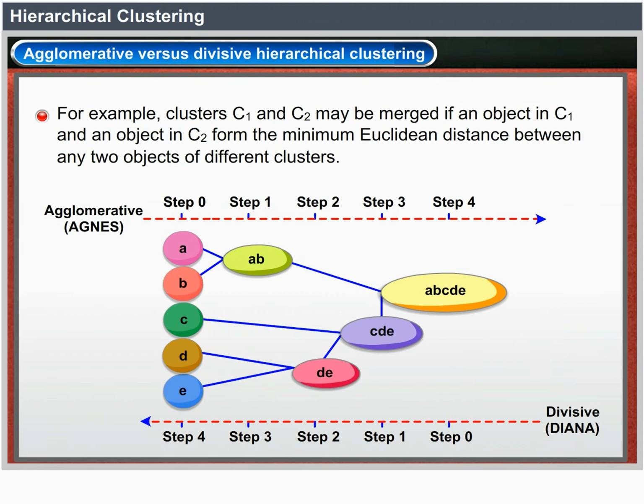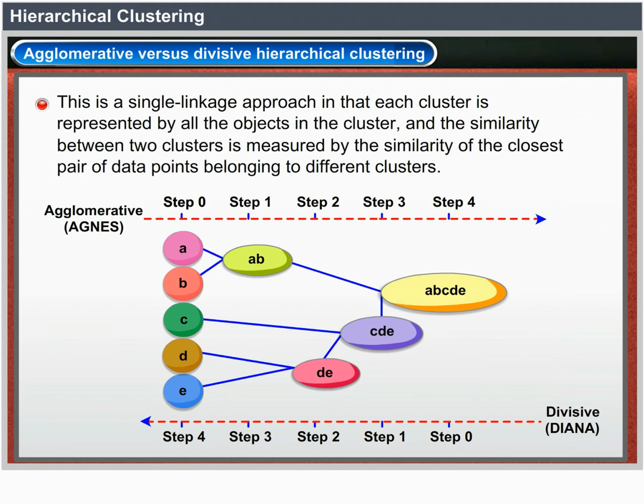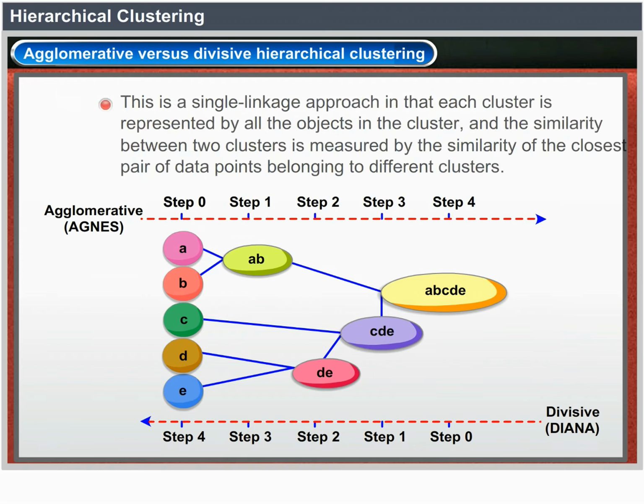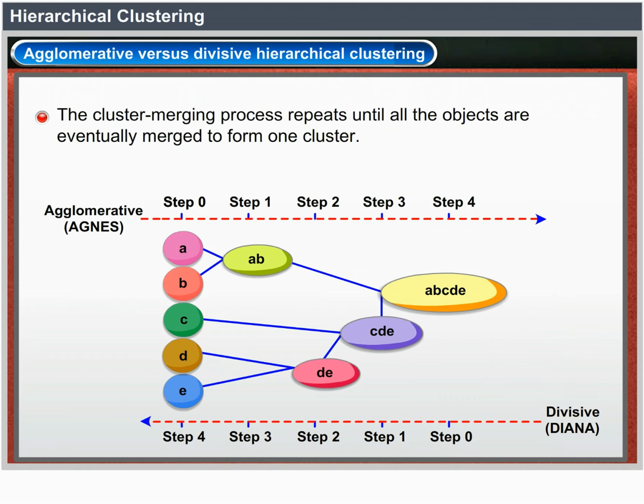This is a single linkage approach in that each cluster is represented by all the objects in the cluster, and the similarity between two clusters is measured by the similarity of the closest pair of data points belonging to different clusters. The cluster merging process repeats until all objects are eventually merged to form one cluster.